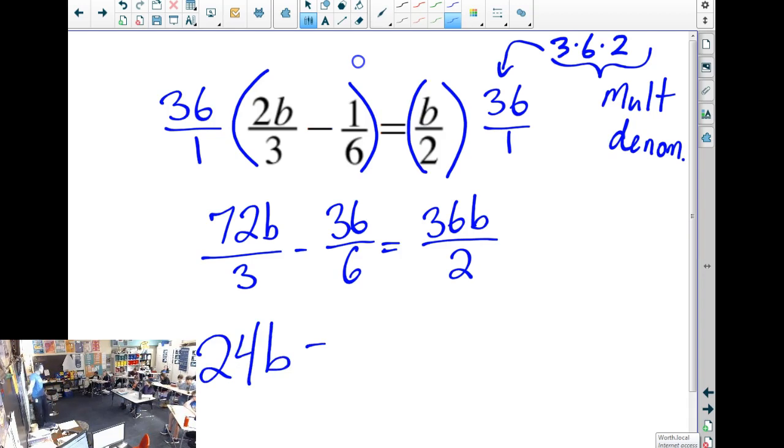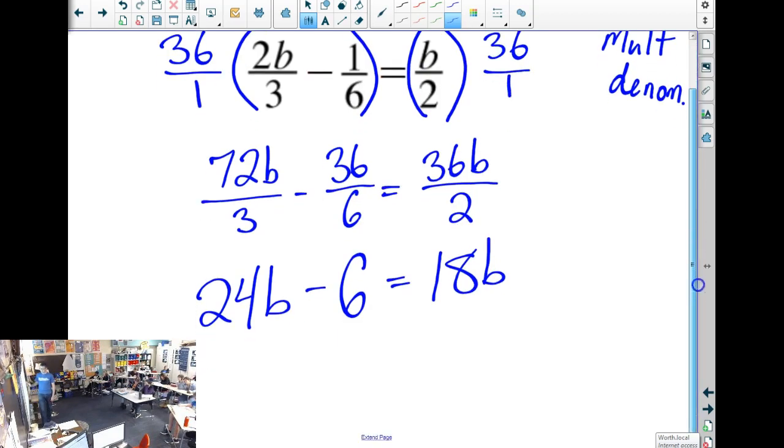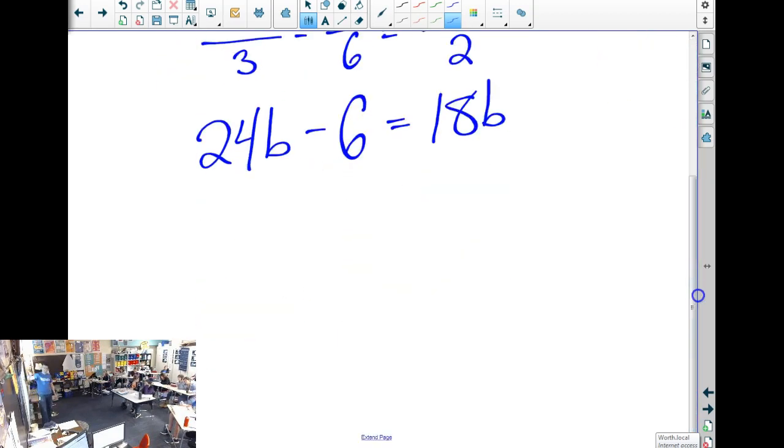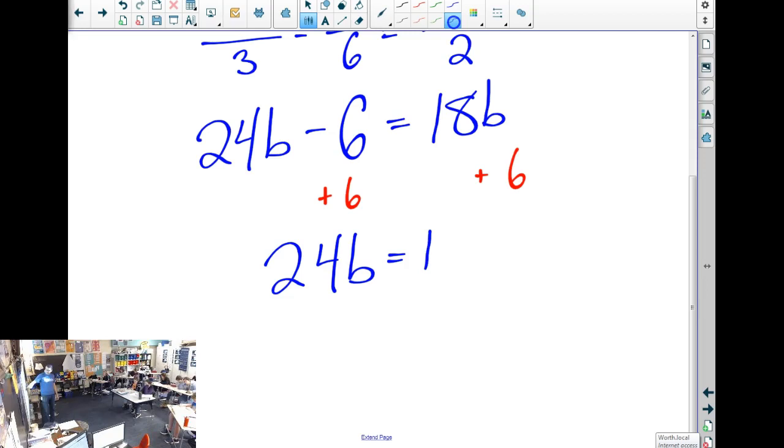That's what 72 divided by 3 is when we reduce it. 36 divided by 6? 36 divided by 2? 18. What do we do on both sides, class? Yeah, if we want to make things positive, we'll take the positive route to make things really nice here. Now what can we do to get the b's together?